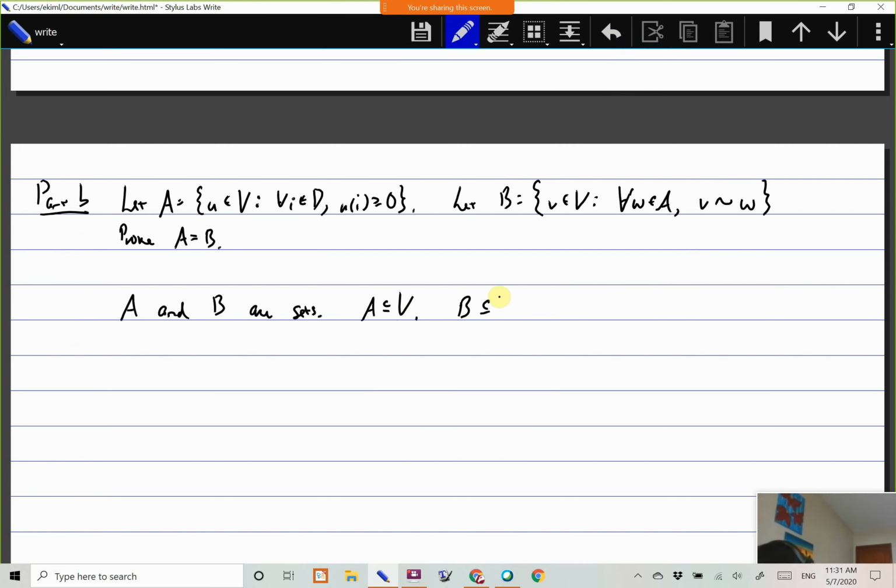Now here's the thing: since little u belongs to A, we have these things being true. So we have little u belongs to V, and we have for all I in D, U of I is greater than or equal to 0.